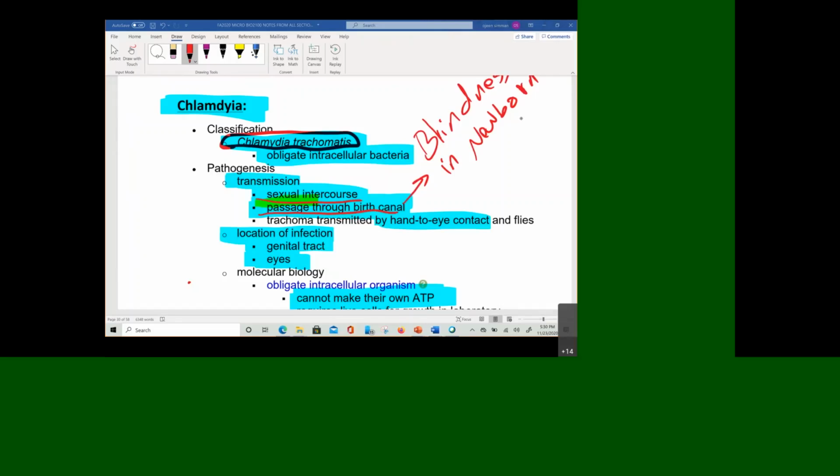This is the reason why chlamydia is a worldwide common cause of blindness in newborns. Very important. It can also be transmitted by hand to eye contact.